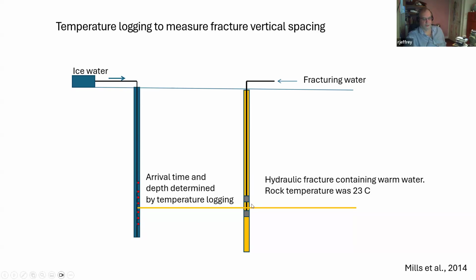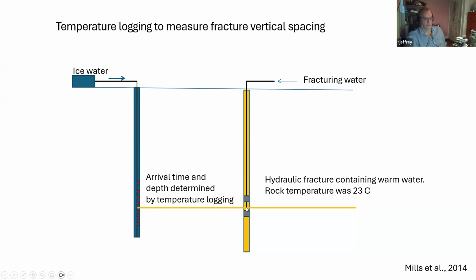So when the fracturing occurred, the hydraulic fractures grew across and intersected that cold water filled borehole and caused an increase in temperature at the arrival point, that allowed us to determine the time of the arrival. So we got a rate of growth, verify the fracture was horizontal, but also, more importantly, locate the depth.